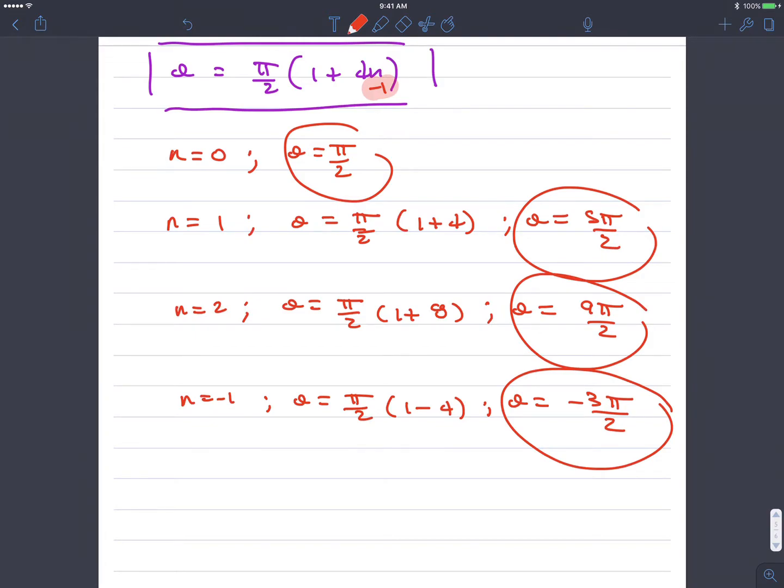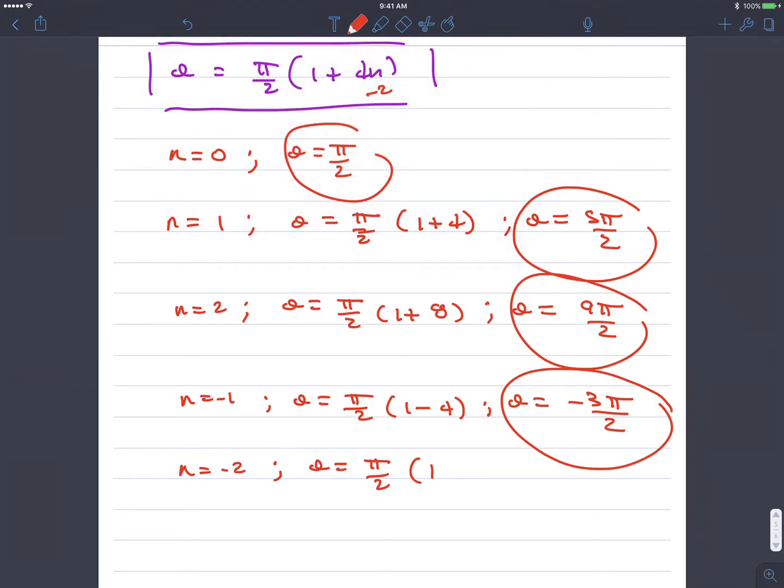Okay, now let's try the same thing when n is -2. We're going to generate some solutions here to illustrate the sequence approach, I guess, right? We're going to plug in -2 here now, is that right? Okay. So let's see what we get.